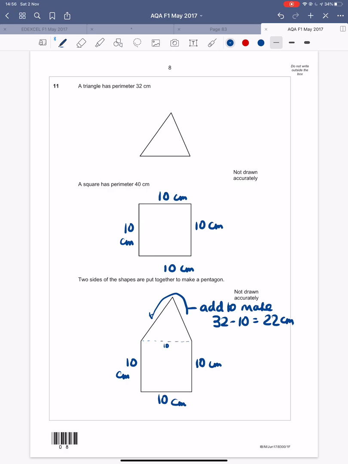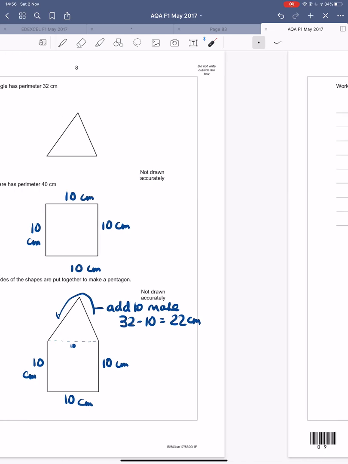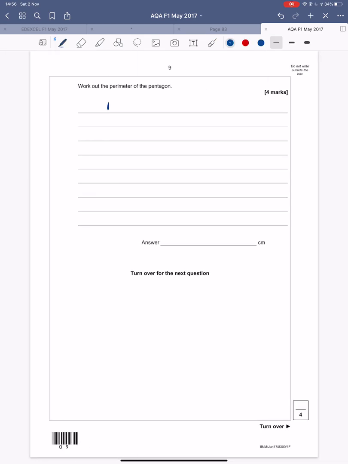So we've got for the pentagon 10 plus 10 plus 10, and these two, the full triangle would have been 32, but we don't want that 10, so those two bits are 22. So the perimeter, 10 plus 10 plus 10 plus 22, is 52 centimetres. There we are, I've got it there.